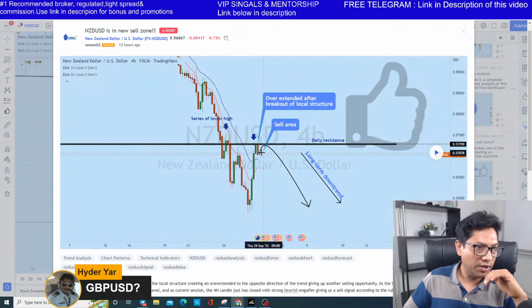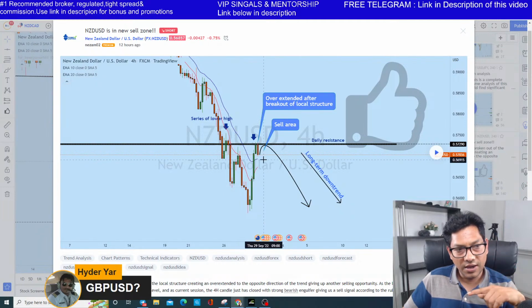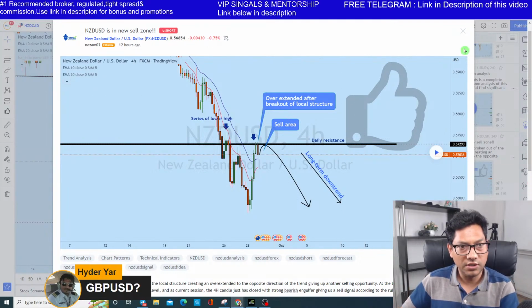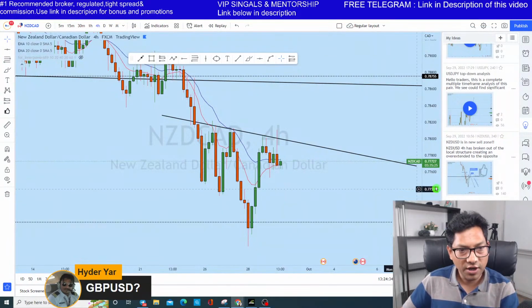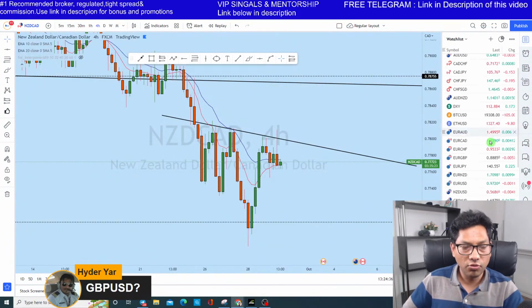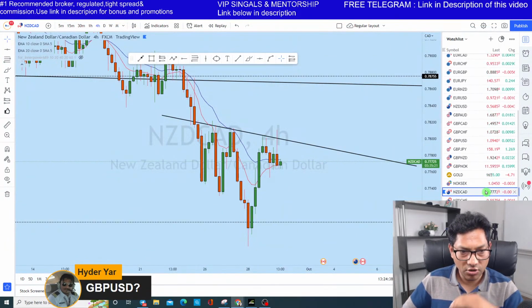So look at this one here. When this candle formed, I posted this in TradingView also, because I want to help everyone who is in trading, because I'm a trader. What I know, I want to give it to you. Now it's up to you, want to take it or no. So now let's look at, guys, what else in the chat, what you guys and girls are up to.